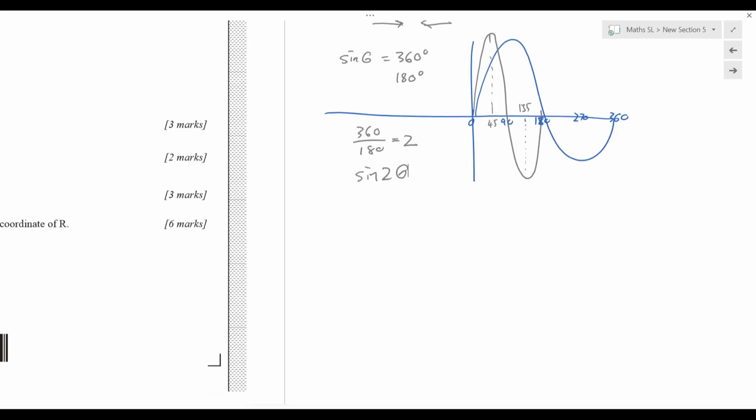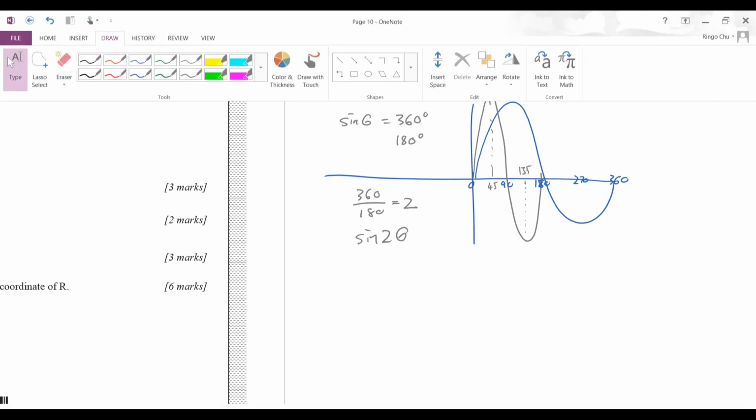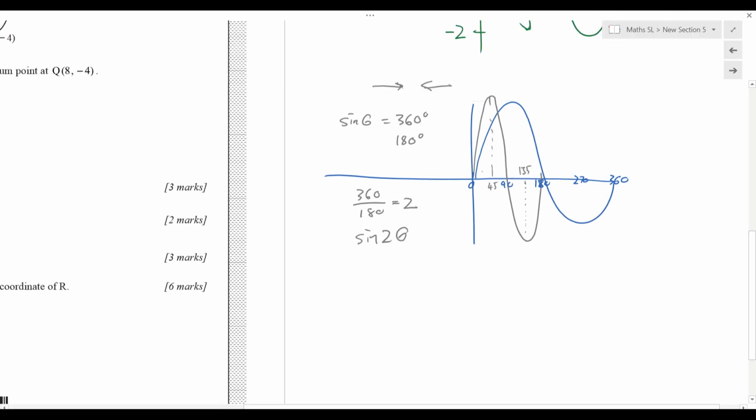Last but not least, to explain our horizontal shift, I'm going to use the same diagram. In this graph, if I move it here and it starts something like this, the graph has been shifted by 90 degrees. So in our graph here, it would be a sine bracket theta minus 90 graph.